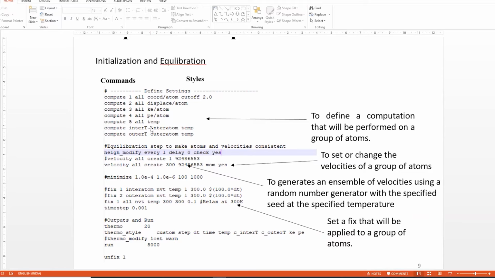Okay. So this shows where you have to include the parameters for the computation in your simulation. And then you have to start, you have to minimize your model and equilibrate. So at the beginning, there are different ways to give the velocity to all the atoms. Okay.